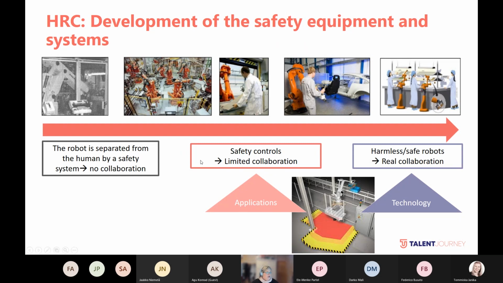Since then, a variety of applications have been developed that have improved safety and at the same time made it possible for a human to pop over the working area of a robot, for example. There may even be a safety mat around the robot with red, yellow, and green areas marked on it.